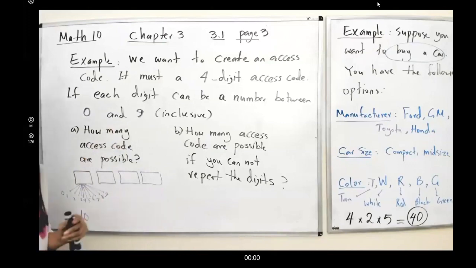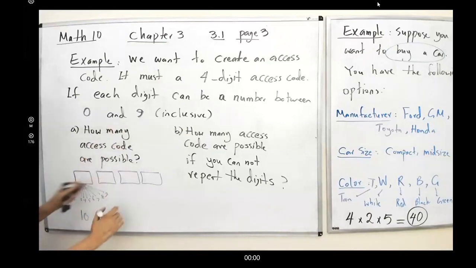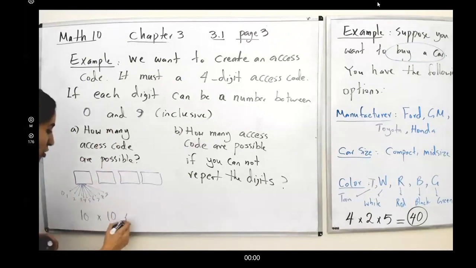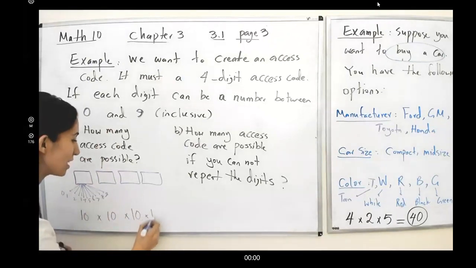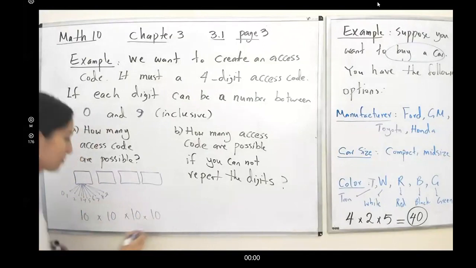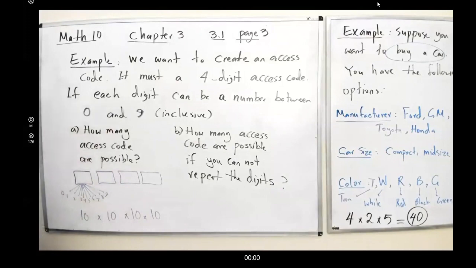Since you can repeat these, you have 10 choices for the second task, 10 choices for the third task, and 10 choices for the last task. So how many? 10,000. Excellent. This is equal to 10,000 different access codes.